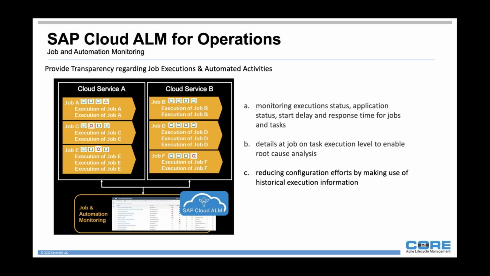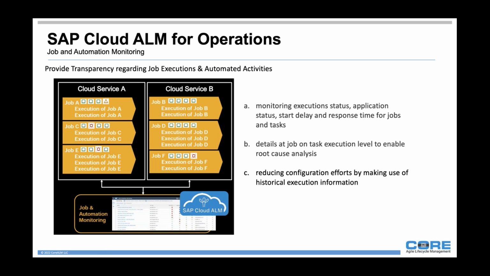And then obviously you have job and automation monitoring. You have multiple automations running on different cloud services as well as your on-prem services, so that could also be monitored. You could monitor the execution status of the jobs, the application status, and whether there's any start or response time delay for any job or task.